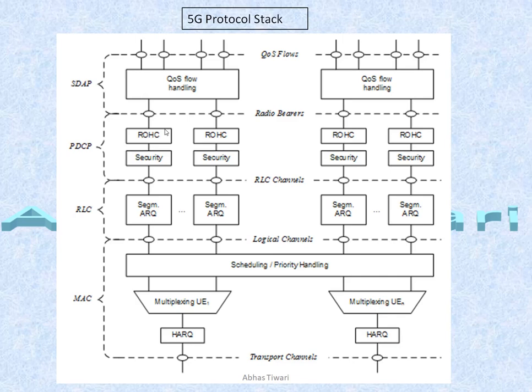Scheduling and priority handling were earlier done in the MAC layer in LTE also. HARQ was also present in LTE. ARQ was present in RLC in LTE. Security was taken care of here also. So most of the things are common, apart from the SDAP layer, which is introduced with QoS flow handling.